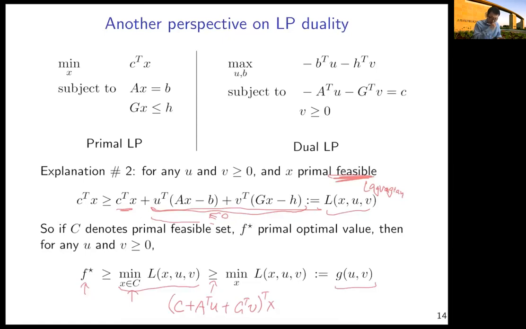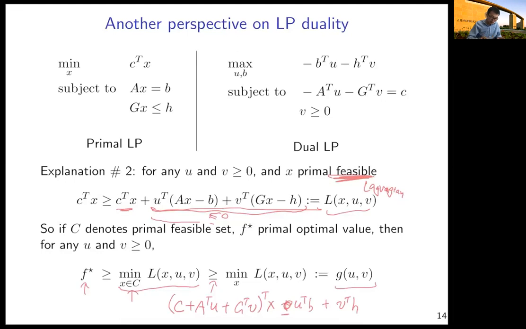And then let's collect all the things that don't depend on x. All the terms that don't depend on x will be minus u transpose b, plus v transpose h.